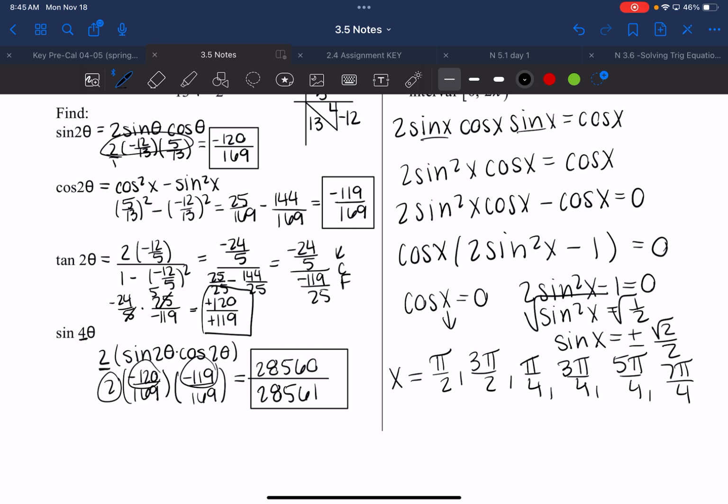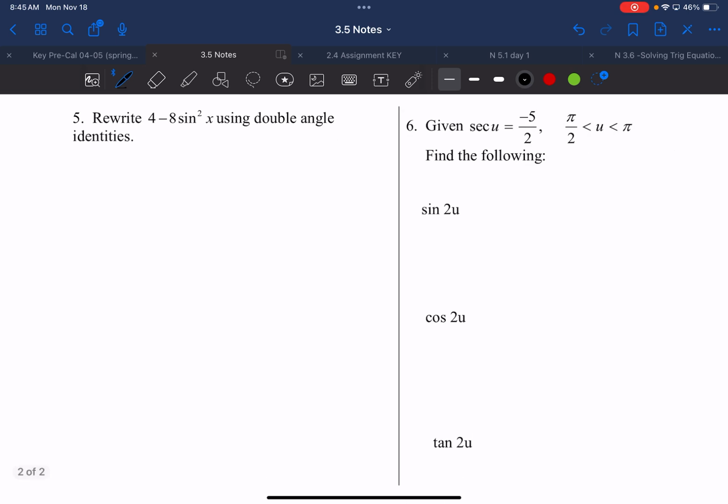All right, on the back, we just got 2 left. Number 5 just says to rewrite using one of our double angle identities. Okay, so it looks pretty similar to one of our identities. But instead of a 1 and a 2, this has a 4 and an 8. What could we maybe do to fix that?